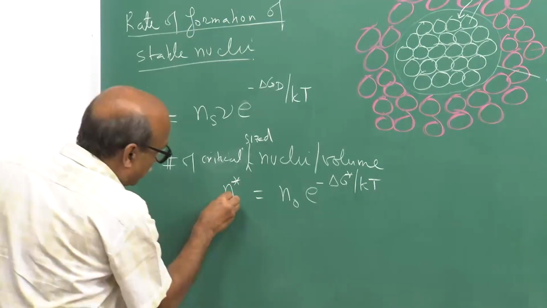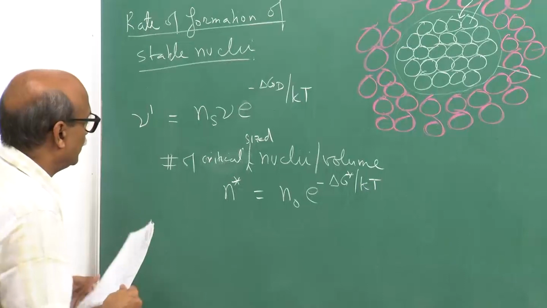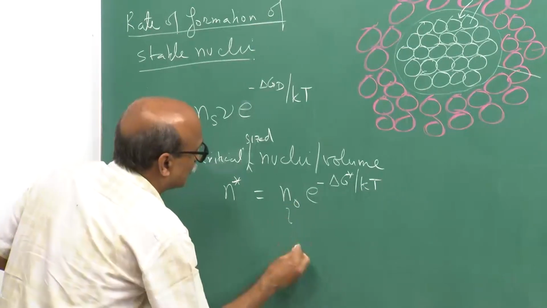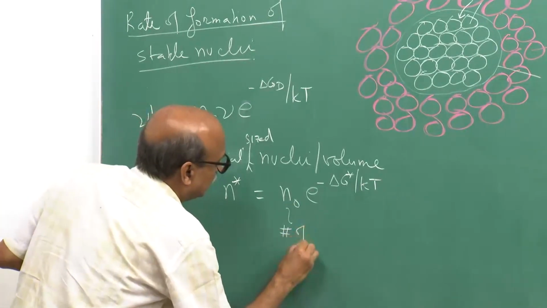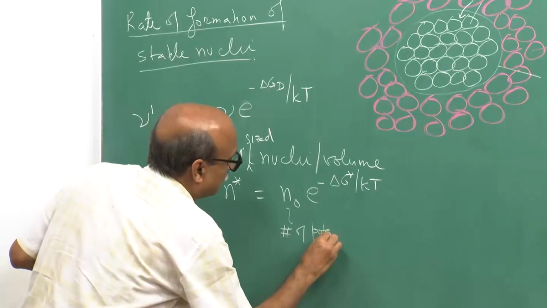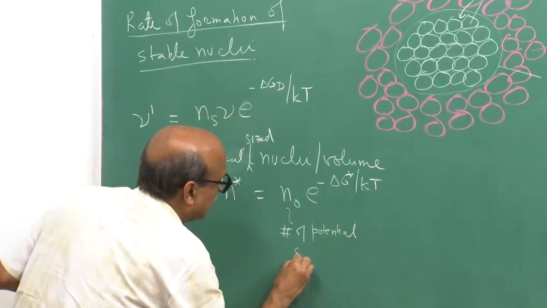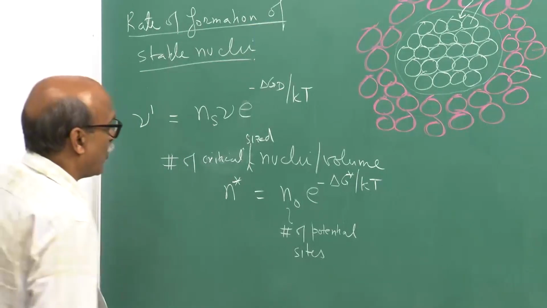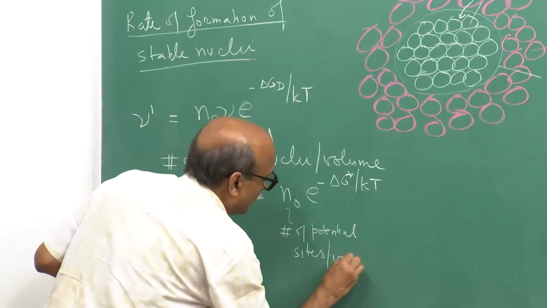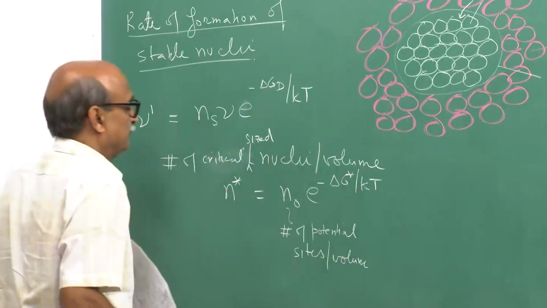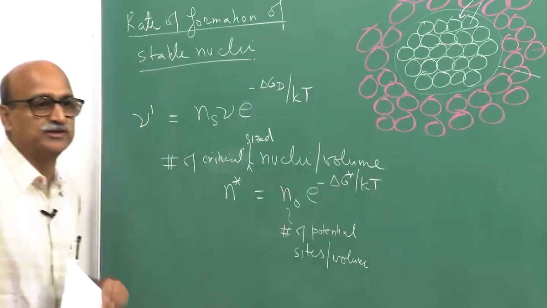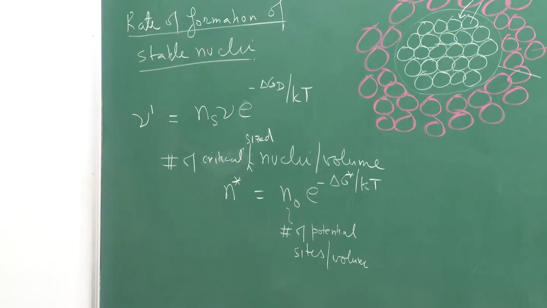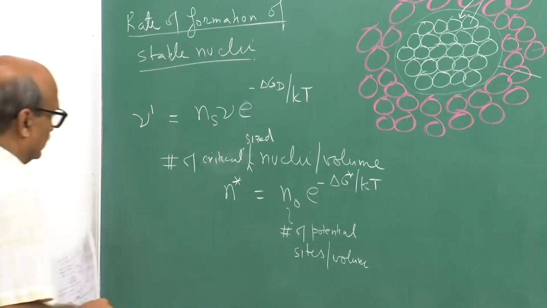So, n star is the number of critical size nuclei in a unit volume, n0 is the number of potential sites where a critical size nucleus can form per unit volume, and delta G star of course is the critical free energy for the critical sized nucleus.